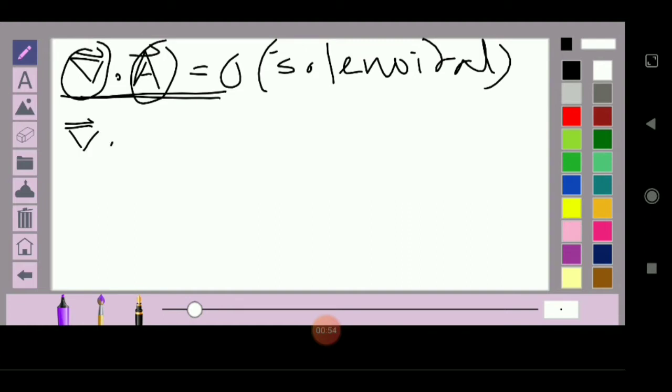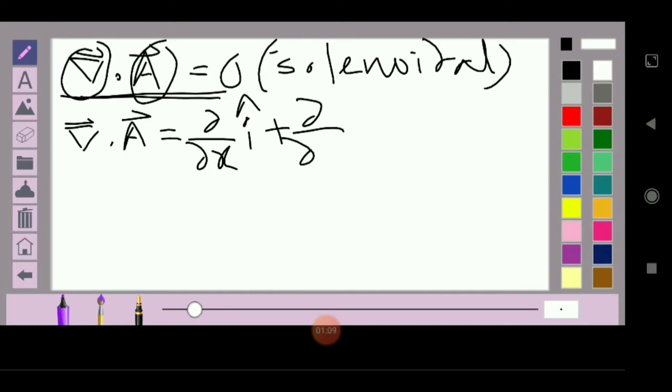So let's start. Del dot A equals, as we know, the expression of the del operator is the partial derivative with respect to x, that is del x, along i hat, plus del y j hat, plus del z k hat.